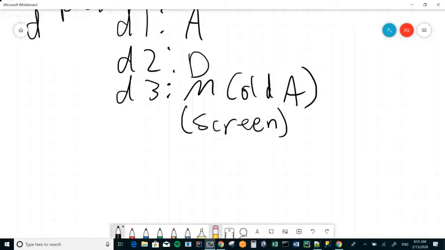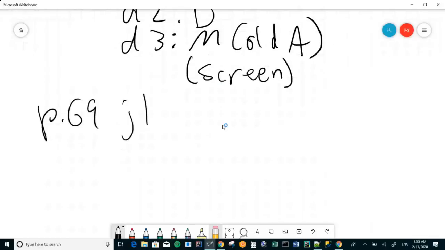So our last group of bits are the J bits. There's a very handy table on page 69 with reference to these J bits. So J1, J2, and J3. Now, unlike the situation with the D bits, all of the J bits are changing the same thing.